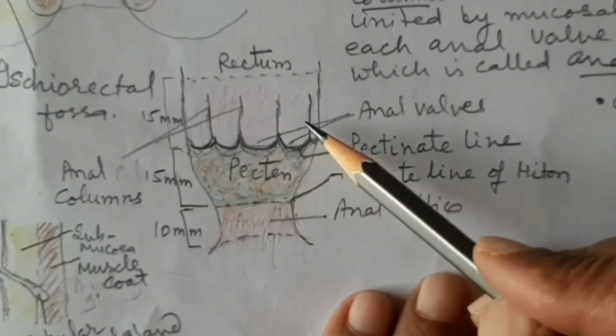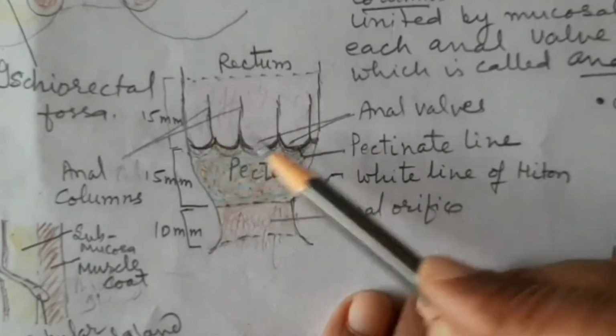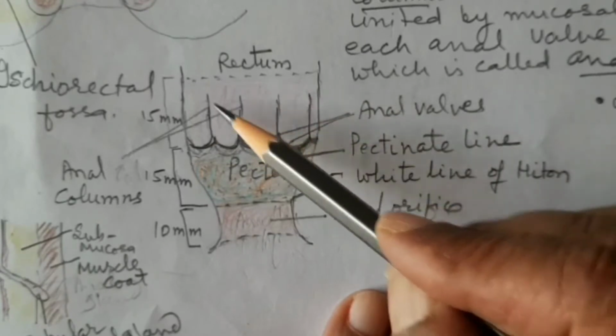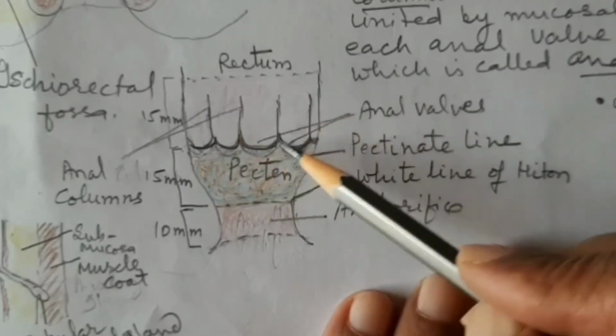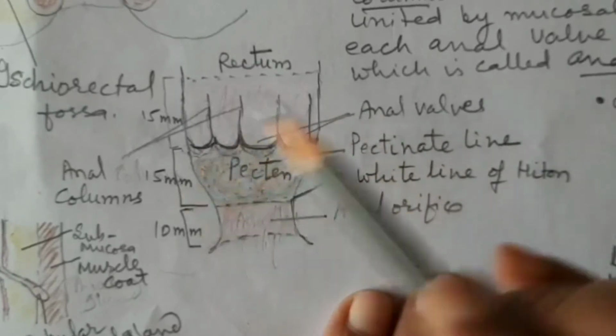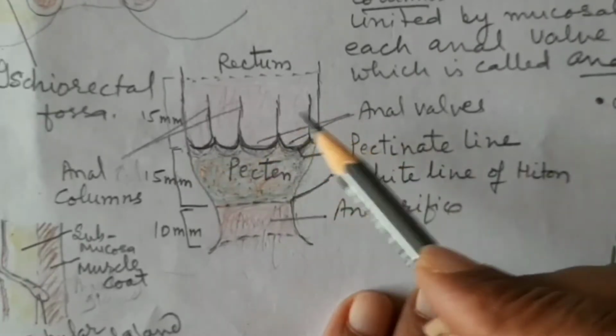I have shown you only 4, because it is the whole circumference. See, this is one column, another column is here, 1, 2, 3 and 4. This vertical line indicates the column, but remember that the column has a width also.